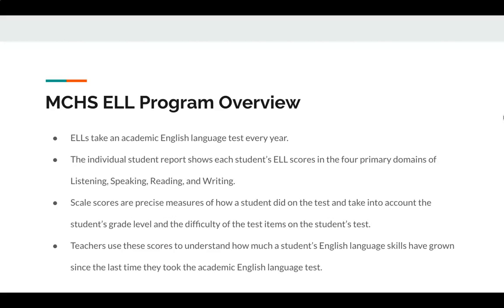Teachers use these scores to understand how much a student's English language skills have grown since the last time they took the academic English language test. Now, in cases where this is the first time students are taking the test, it will give that first baseline from which they have a starting point and then can take it again in the future to assess their growth.